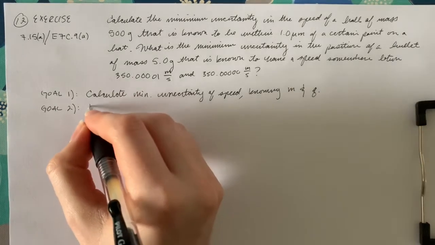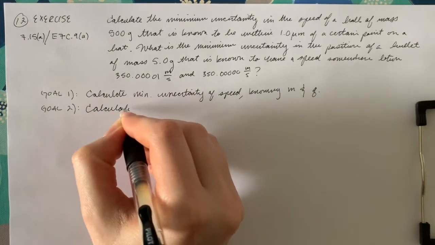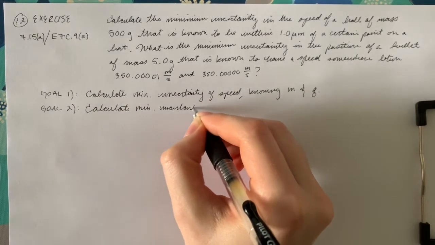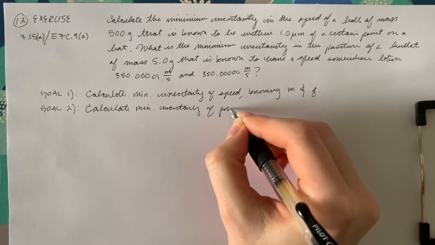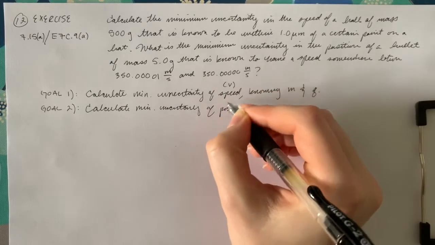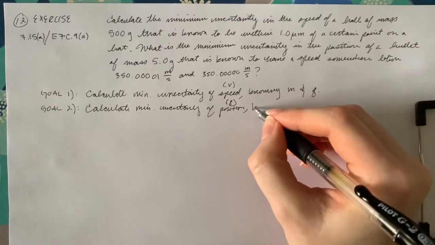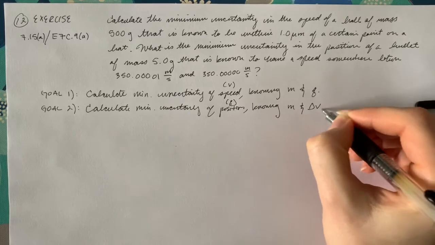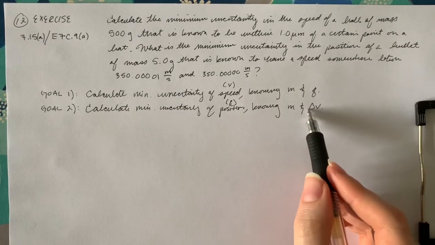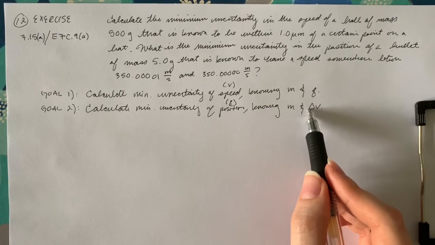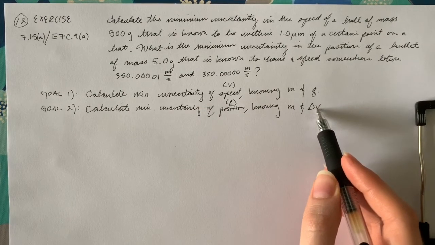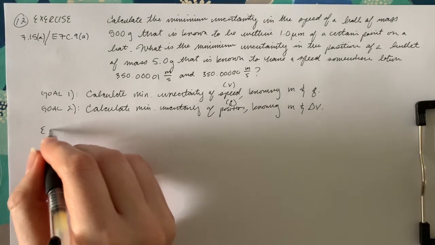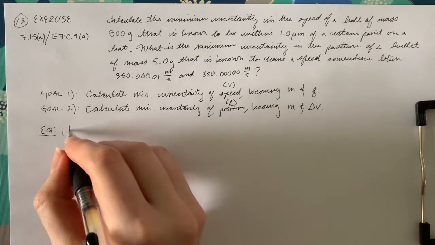So we can reduce that to: calculate the minimum uncertainty of position, knowing mass and the delta V, the uncertainty of velocity.